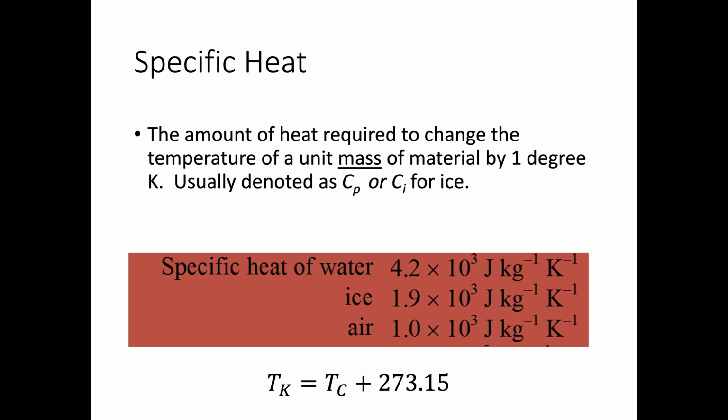It takes twice as much energy to raise water by a degree than it does ice. And furthermore, it takes half as much energy to raise air by 1 degree as it does ice. For those of you who aren't familiar, Kelvin is another scale to measure temperature. At 0 Kelvin, there is absolutely no molecular motion. 1 Kelvin is equal to 1 degree Celsius.